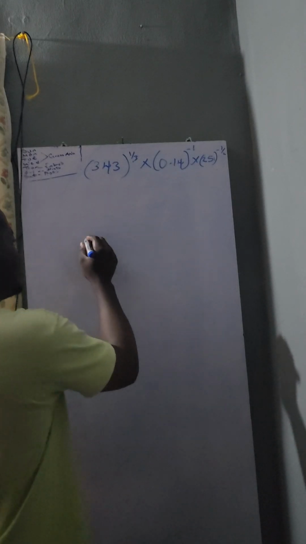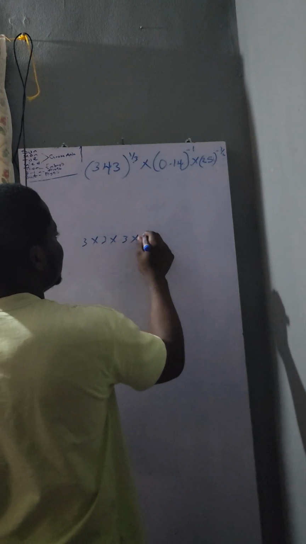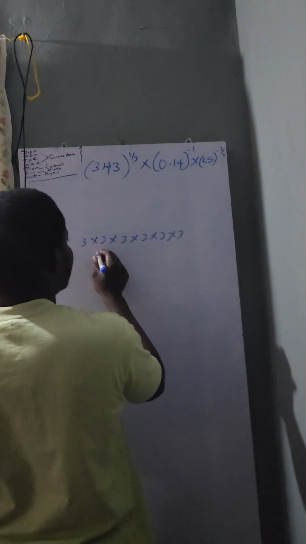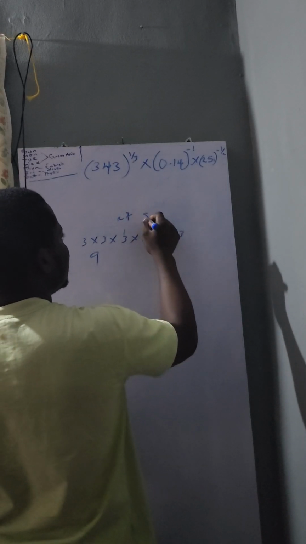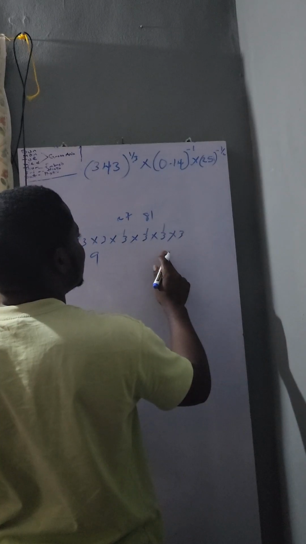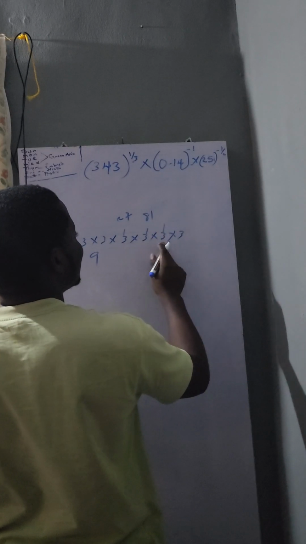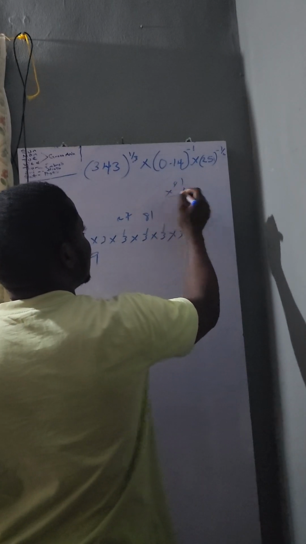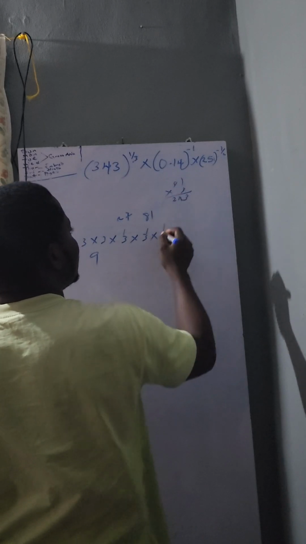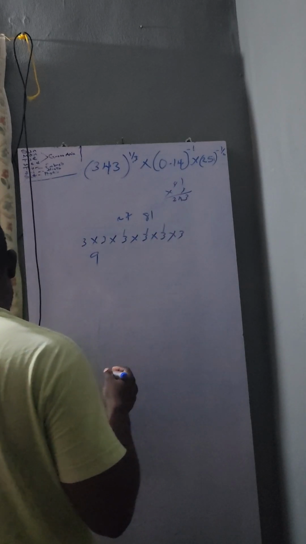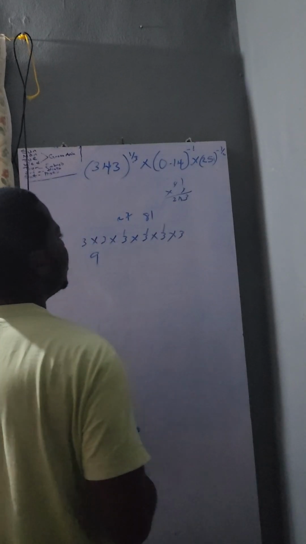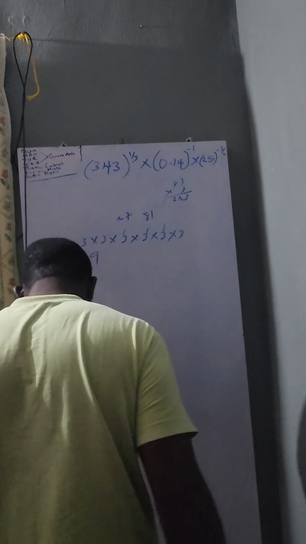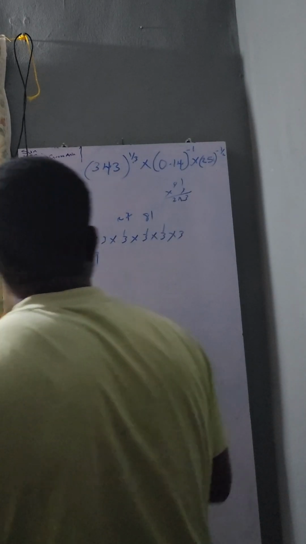What is 81 times 9? 3 times 3 times 3 times 3 times 3 times 3 again. 9 times 3 is 27. 81 times 3 is what? This is not working. What are we going to multiply 3 times?